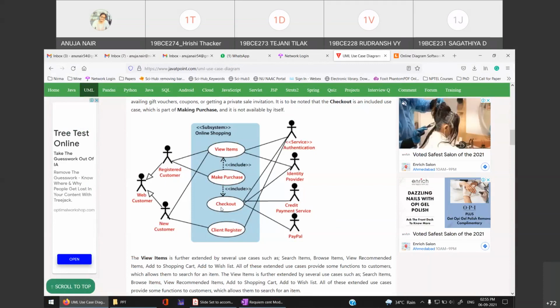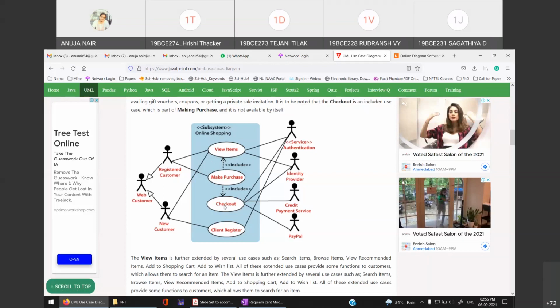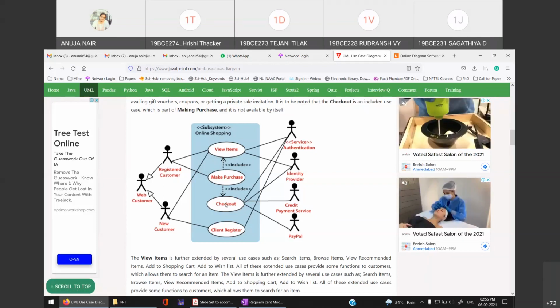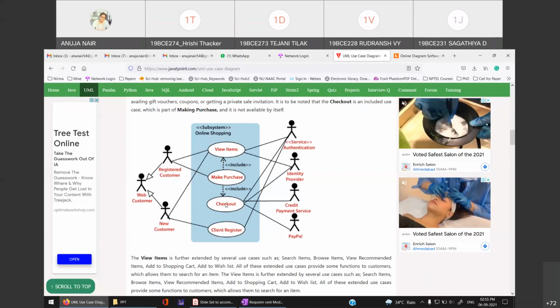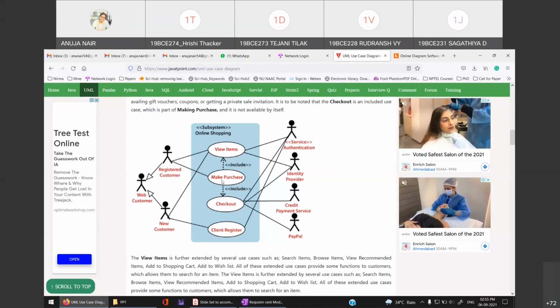Logical, right? If I put some items in my cart, let's say I'm buying something from Amazon, I can do the purchase only when I check out. Checkout means payment and all. You can also give some different name. Here it is given checkout. So when I check out, that means when I do the payment, then only I can make the purchase.